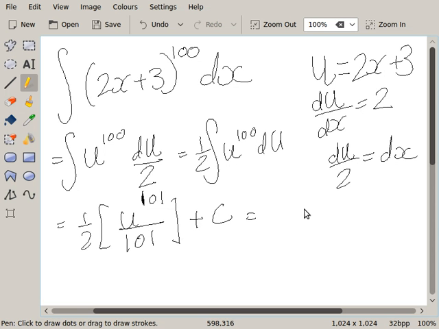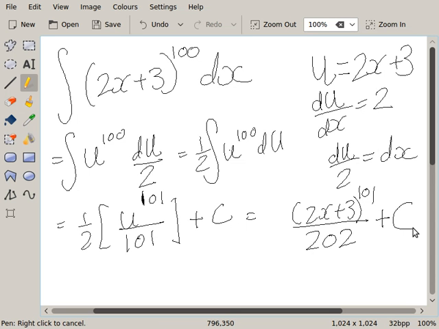So this would be 2x plus 3 power 101 over 202 plus c. Yep. Increase the power by 1 and divide by the new power.